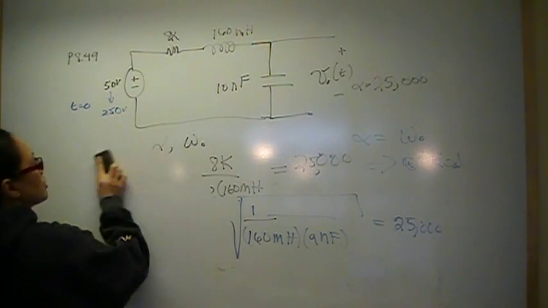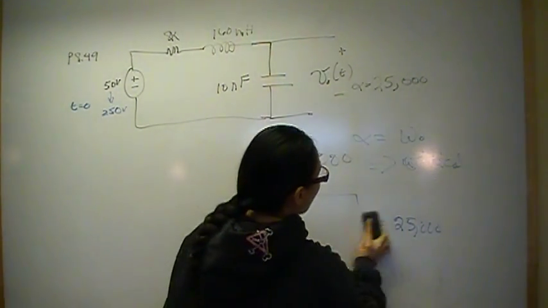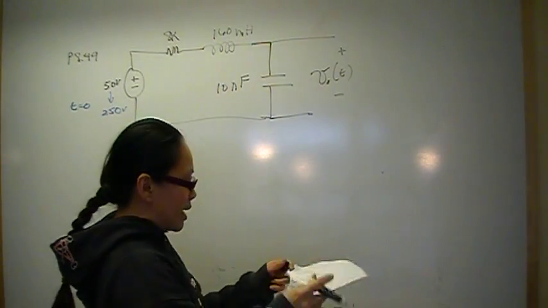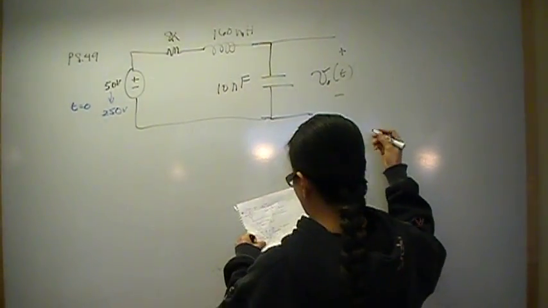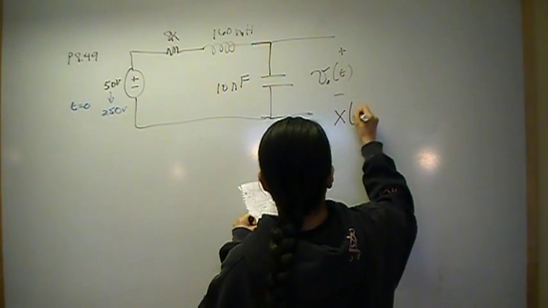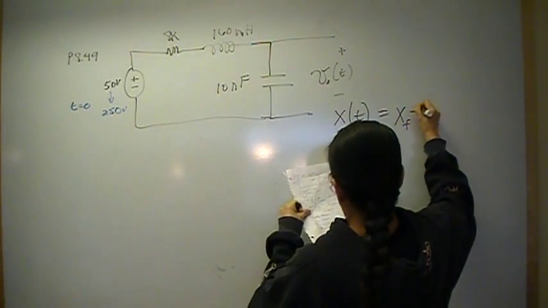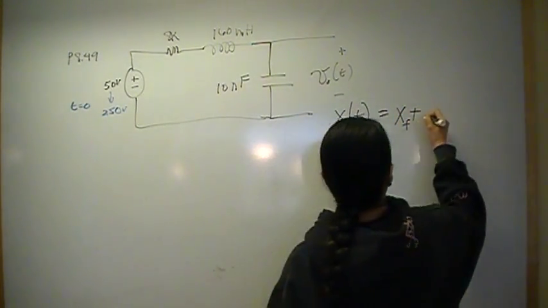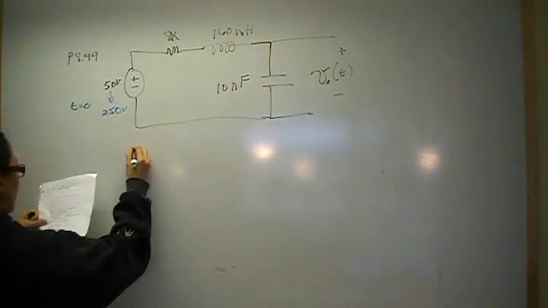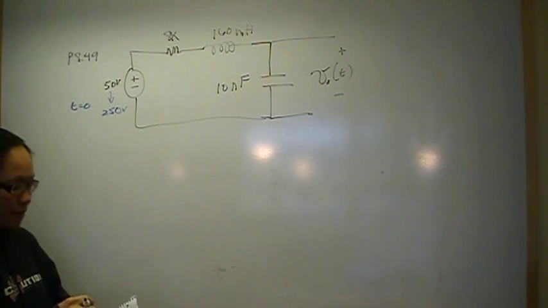At the end of chapter 8, there's a summary where they tell you what the general equations are, along with the coefficient equations. For a critically damped circuit, we have these equations. They put an x of t, where x is whatever it is that you're looking for.